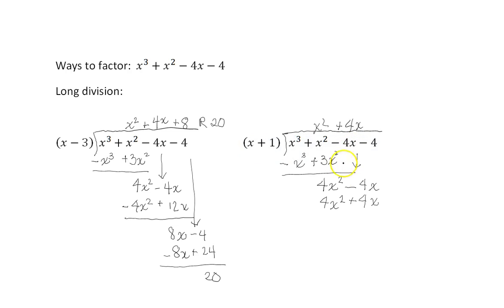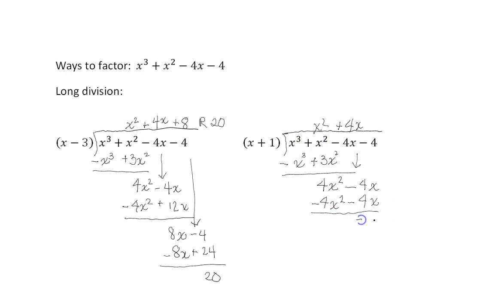Oh, that would be negative. Hang on a second. So here, it's going to give me 4x squared, so that becomes a negative, and that's going to become a negative as well. So this goes to 0, which is what we want.